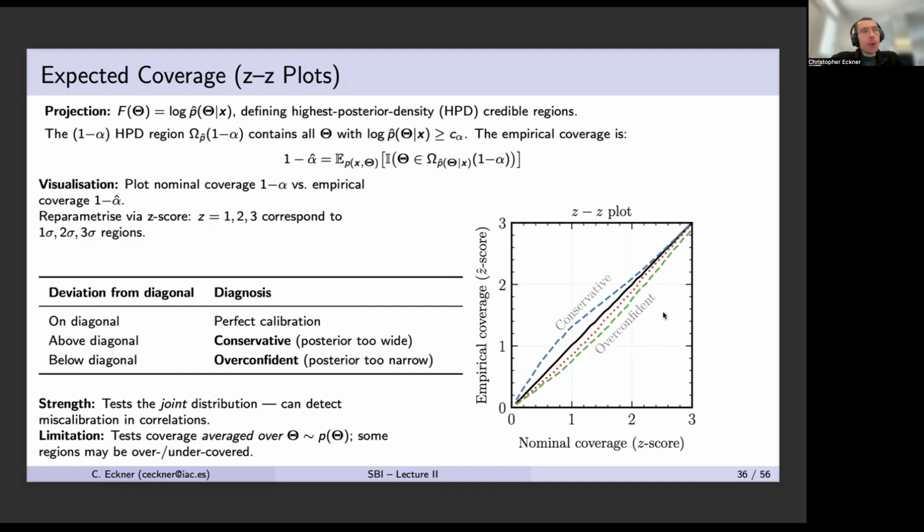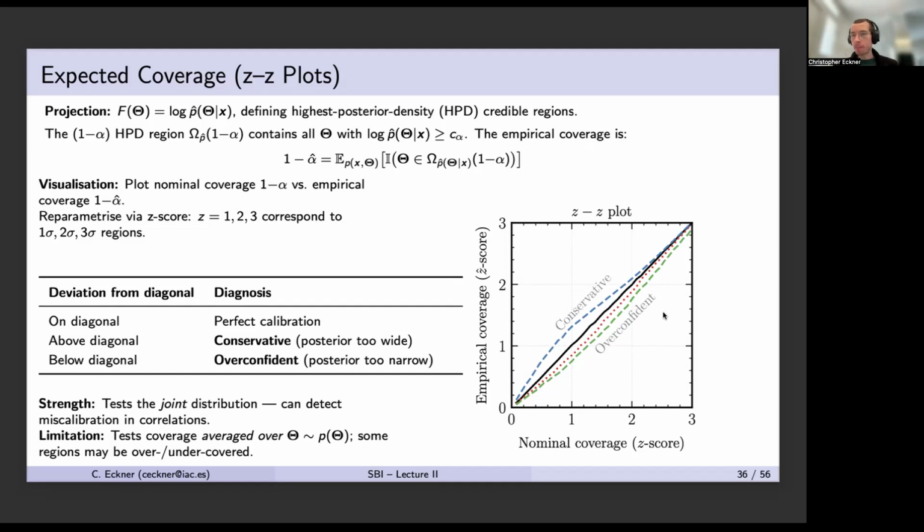What you would expect for a Bayesian posterior is that if I repeat my observation many, many times, then the prediction of all of these posteriors should be such that the true value is, averaged over all of these observations, 68% of the time in the 1 sigma interval of my posterior, 95% of the time in the 2 sigma interval.